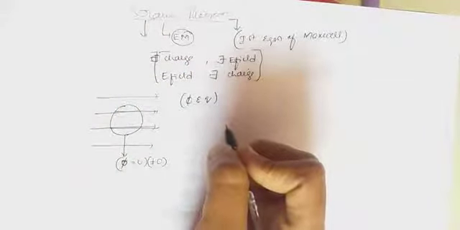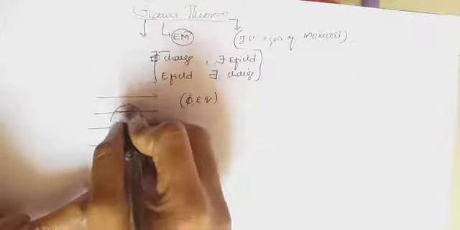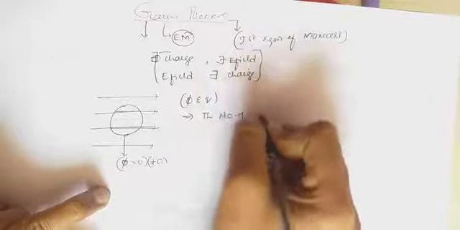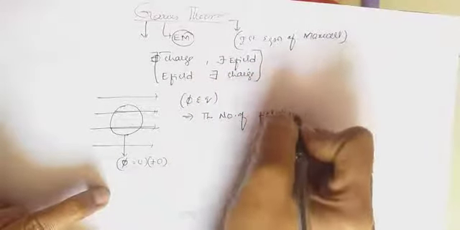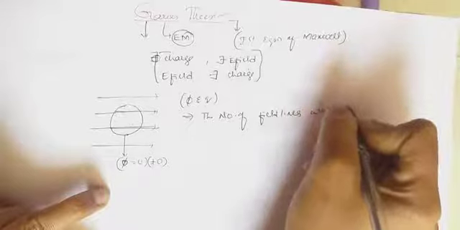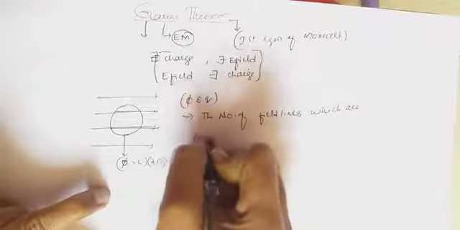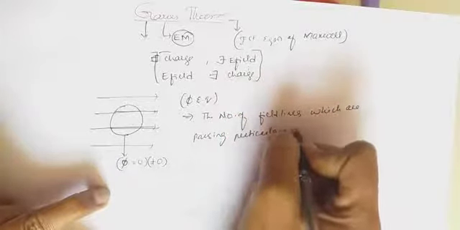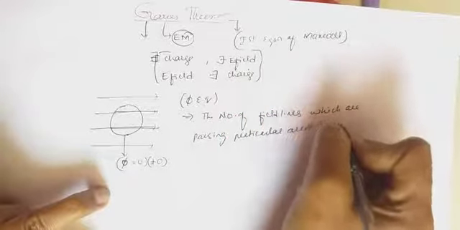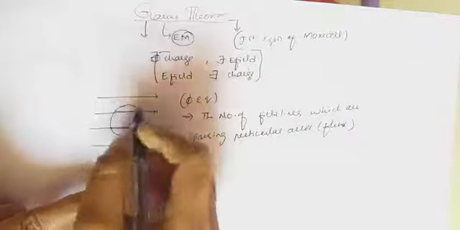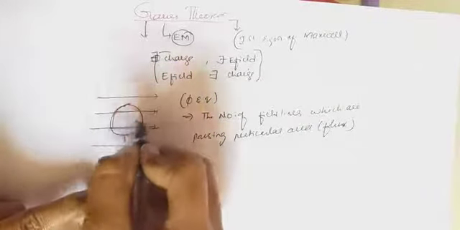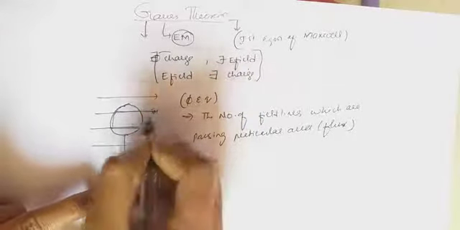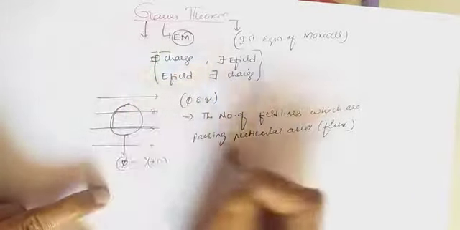The number of field lines which are passing through a particular area, that is the flux. The number of field lines passing through this particular area is only 2. So this is the quantity: only 2 lines are passing through this area, so that is the flux.